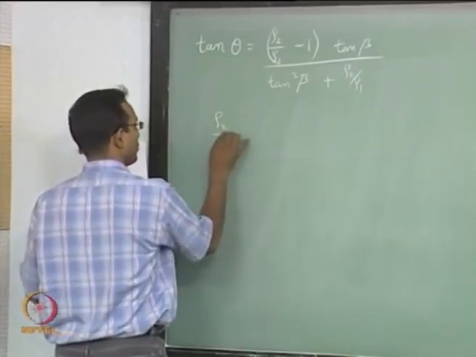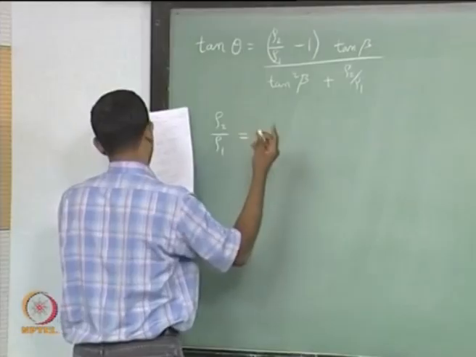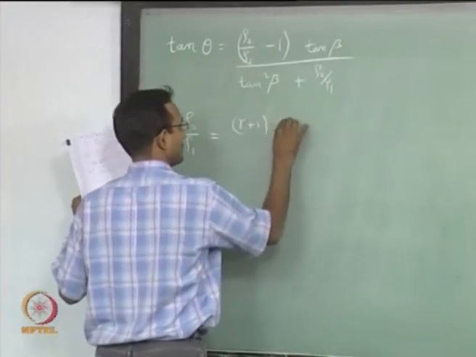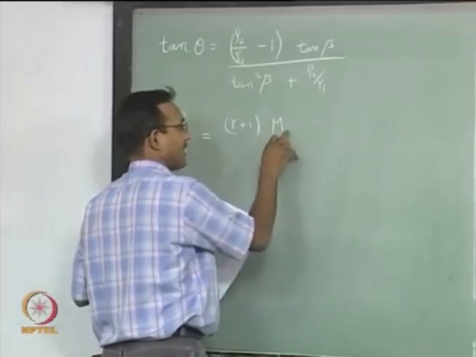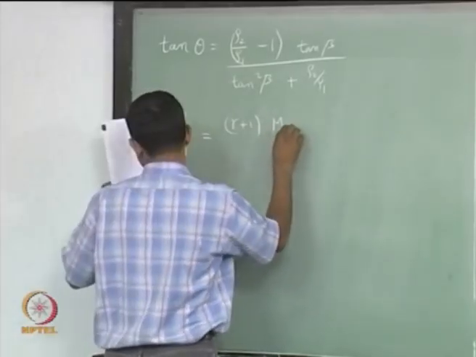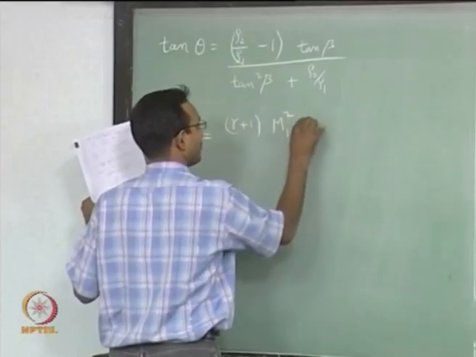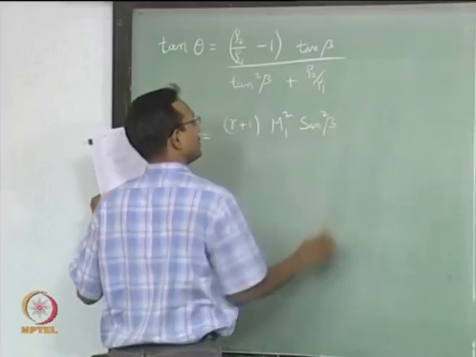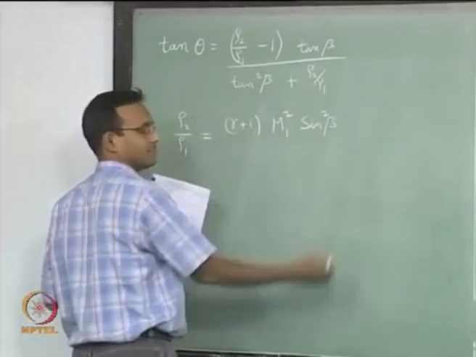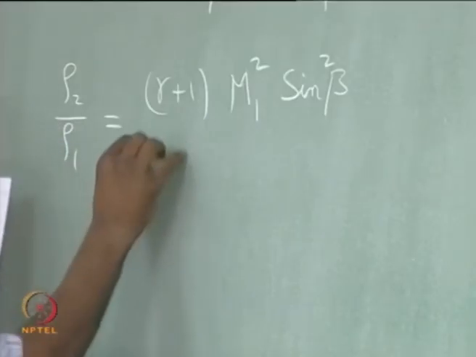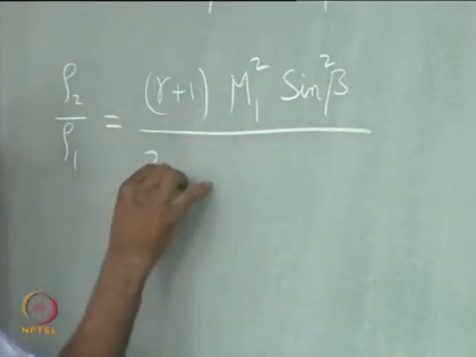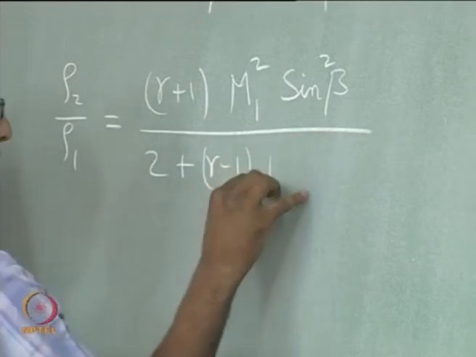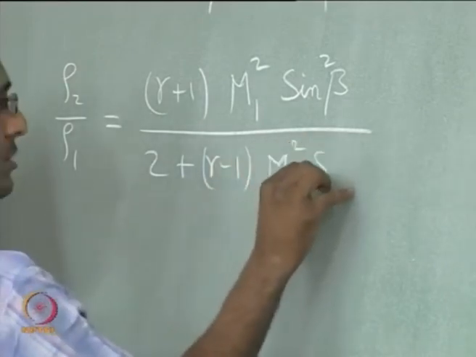So, I will write my rho 2 by rho 1 from the previous page. If you go back to that page, you will see this formula. I am just replacing M1 with M1 normal. I will replace M1 normal with the expression we derived last time, which is M1 sin beta. So, it will be M1 sin beta whole square, which is M1 square sin square beta. Again there will be gamma minus 1 M1 square, it will become M1 square sin square beta.